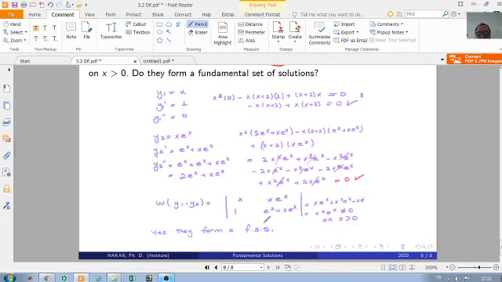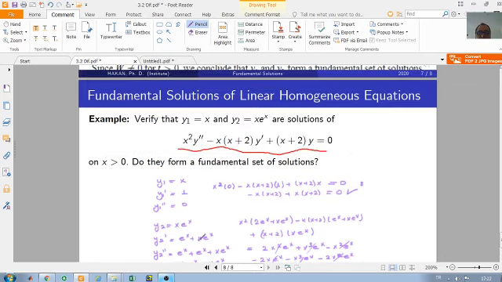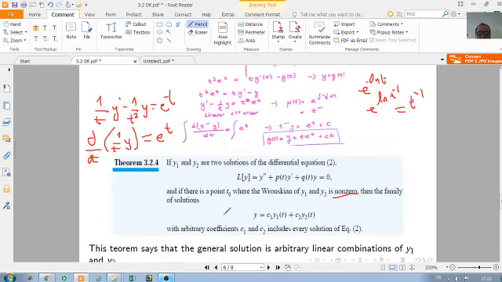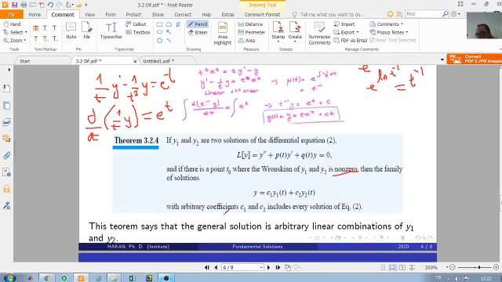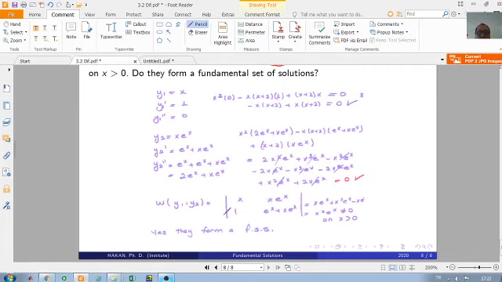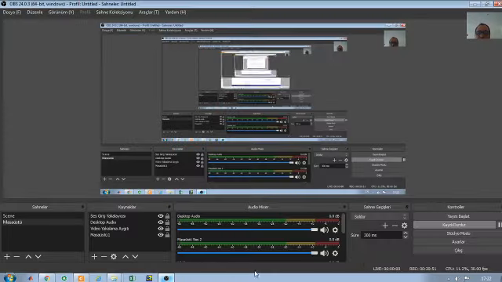Therefore we say that they form a fundamental set of solutions. Using the theorem we can find the general form of any second order linear homogeneous differential equation. Thank you very much.